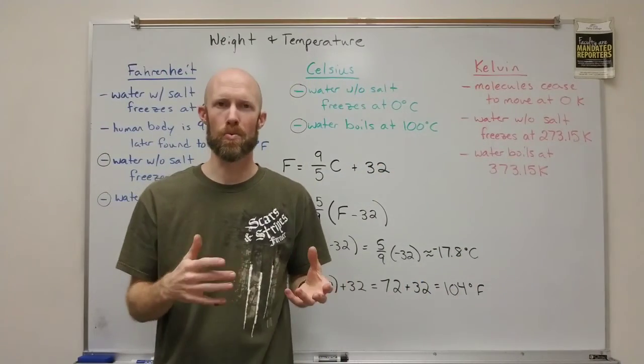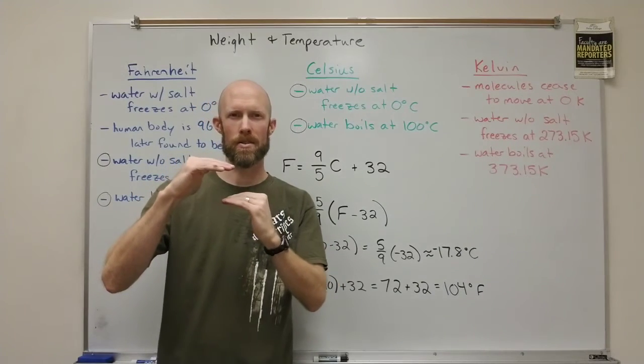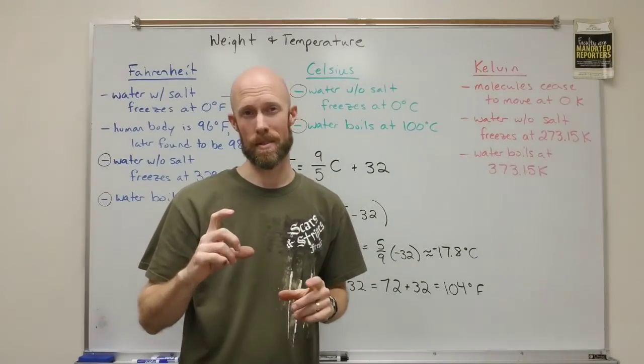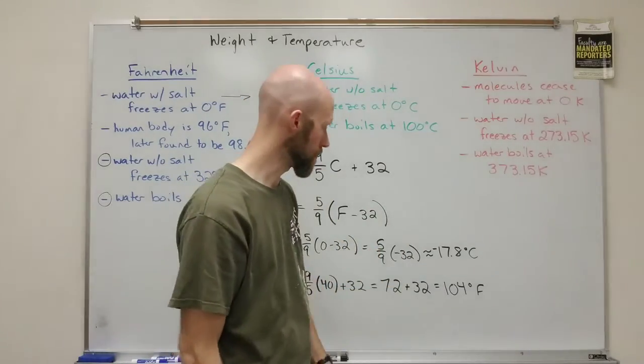So the relationship is really a one-to-one kind of relationship. In other words, the scale is the same, you're just shifting it down. The separation between degrees is the same, I should say, between these two. You're just shifting the starting point.